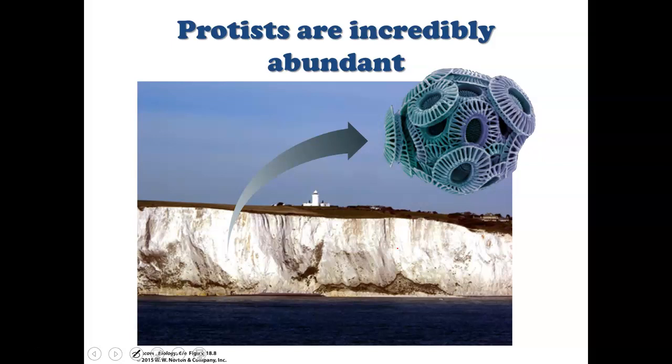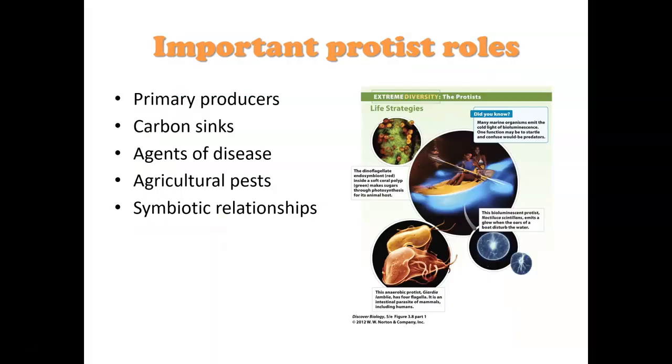That rock is basically the remains of old protists. The exoskeletons of these organisms are made up of calcium carbonate. So like the bacteria, rather than talking about the individual lineages of the protists, we're just going to talk about them as a group and why they're important.